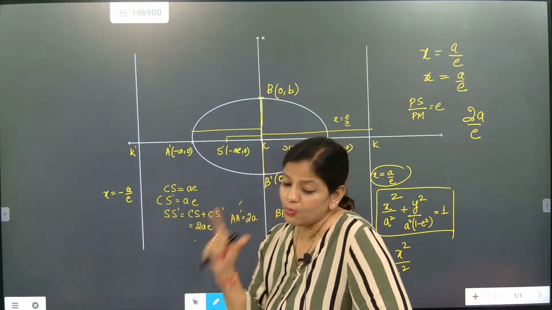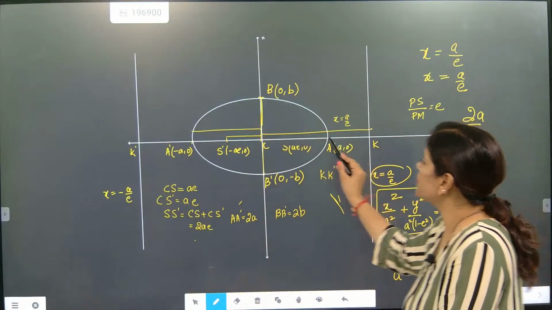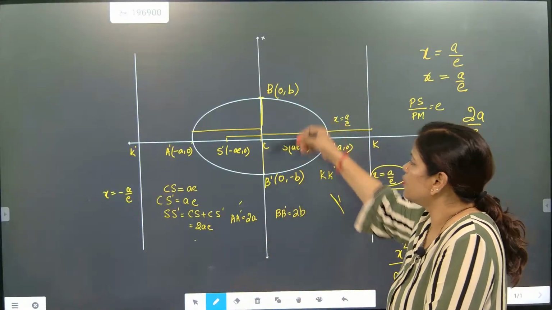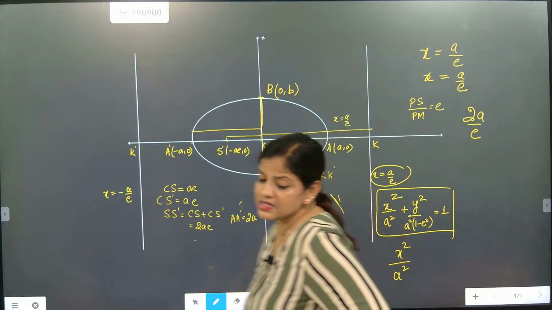Distance between both the foci is 2AE. Distance between both the vertices is 2A. Distance between both the minor vertex points is 2B. Is it clear till here, beta?